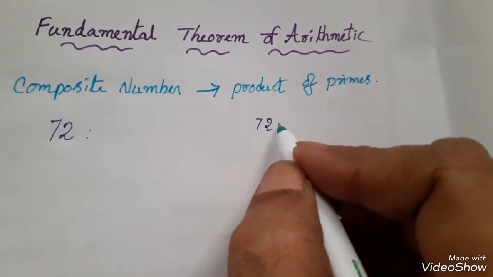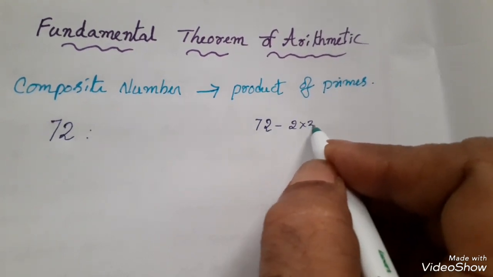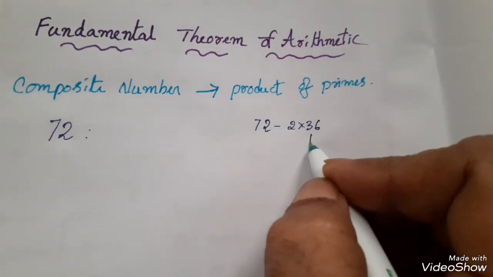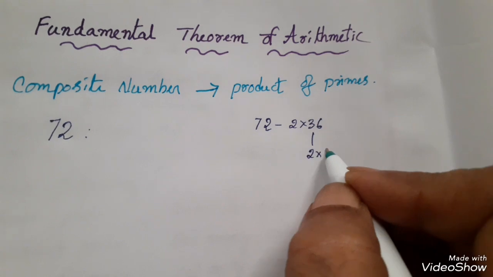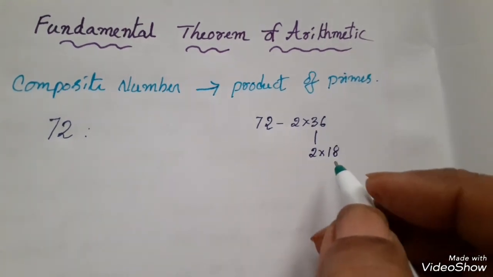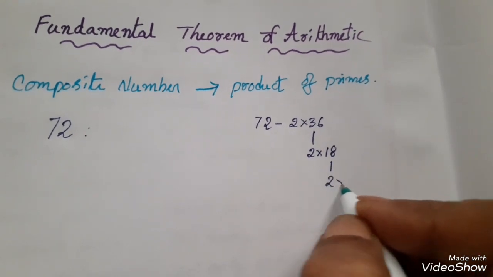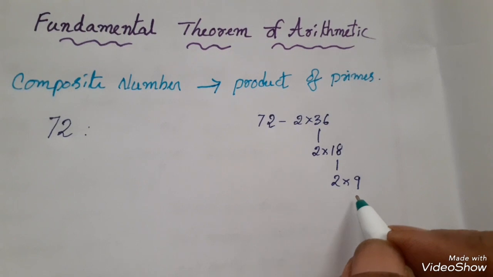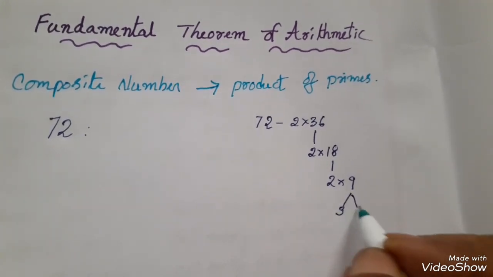You can write 72 as 2 into 36. Again 36 you can write as 2 into 18. 18 you can write as 2 into 9. 9 you can write as 3 into 3.